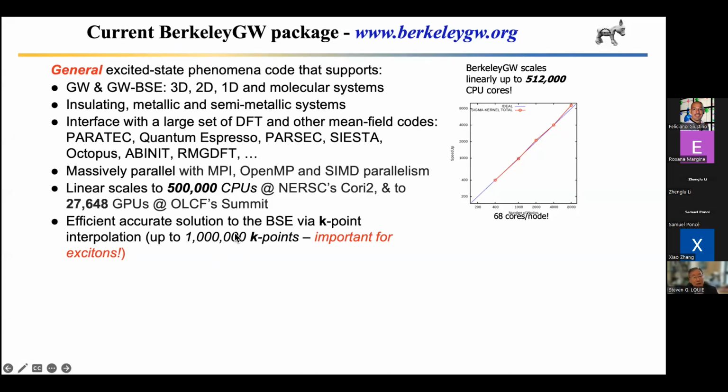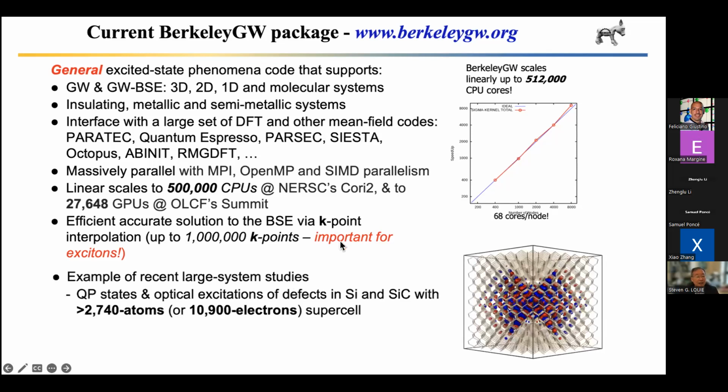And it could give you an accurate solution to the Bethe-Salpeter equation via very fine k-point samplings up to about 1 million k-points. This is very important to study photophysics, including correlation effects. For example, recently we have done a calculation on a large system that contains about 3,000 atoms, looking at defects in semiconductor.